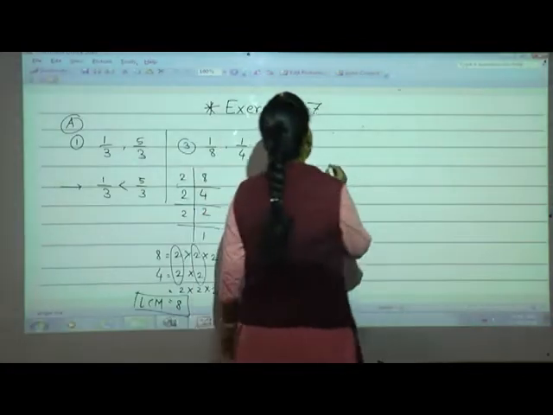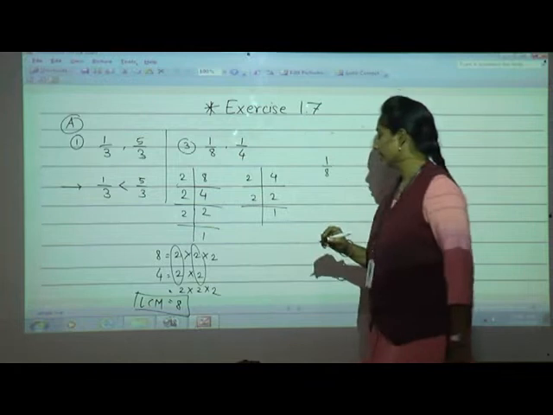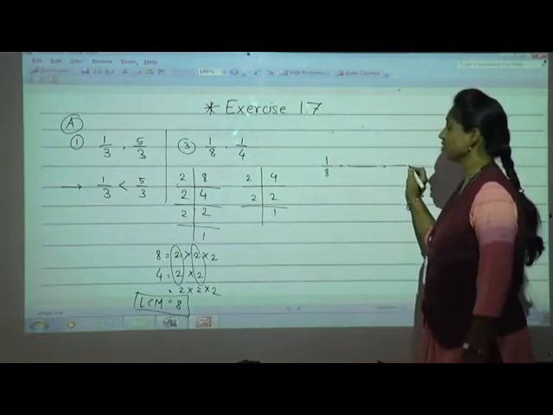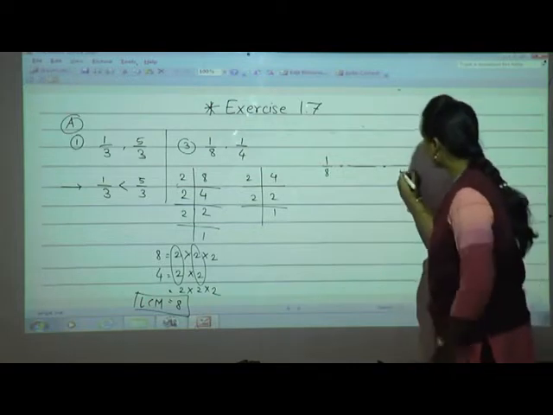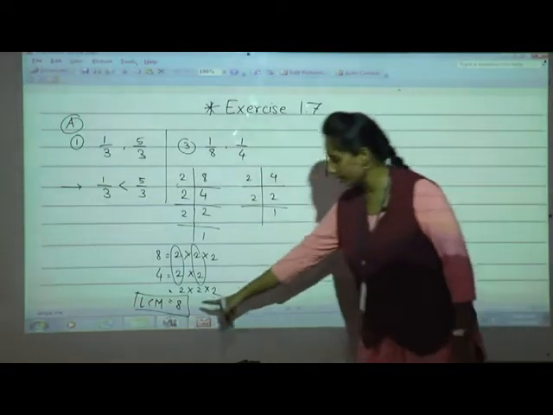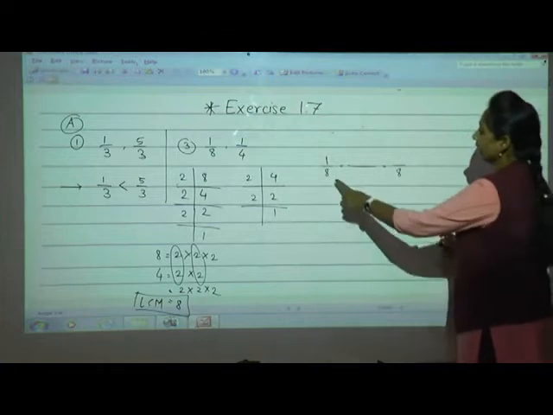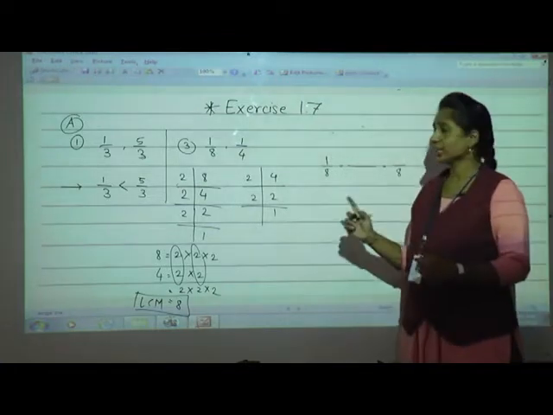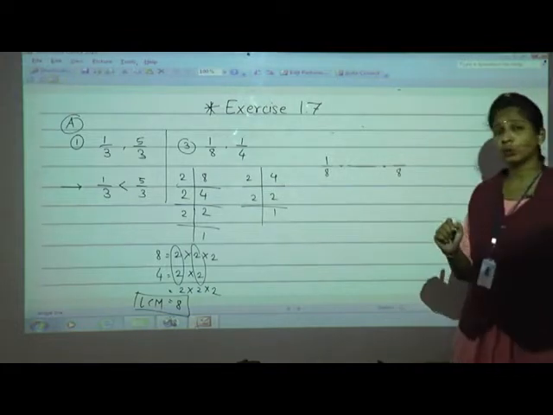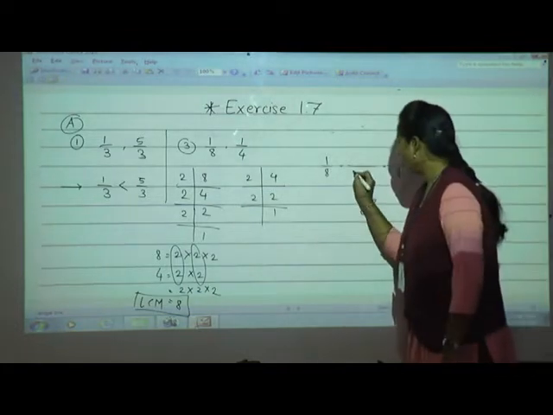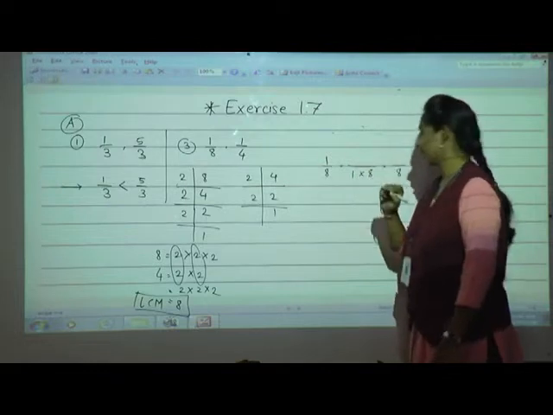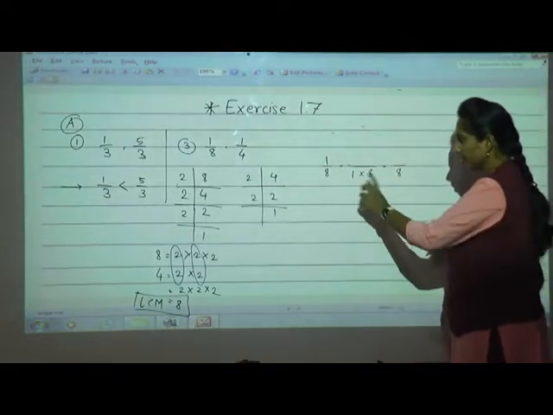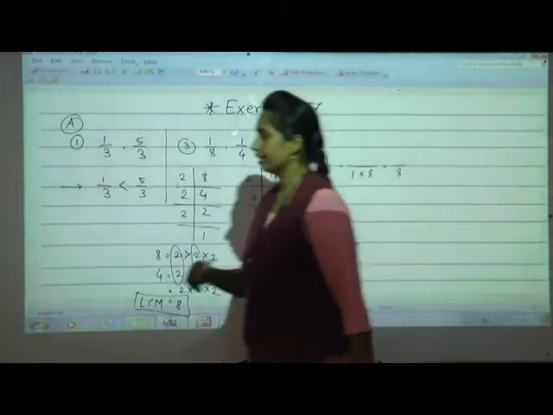Now take 1 upon 8. Here we have to multiply, so the LCM should come in the place of denominator. What is the LCM? 8. Now 8 is already there in the place of denominator, so which number do we multiply with 8 to get 8 only? 1. 1 8 is 8, isn't it?